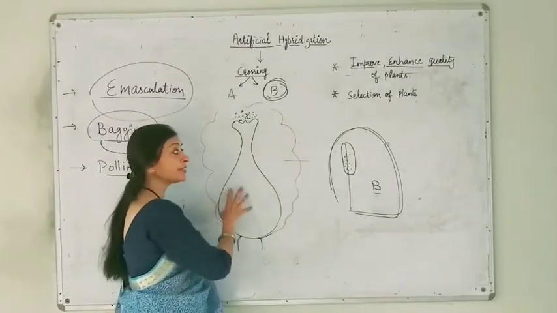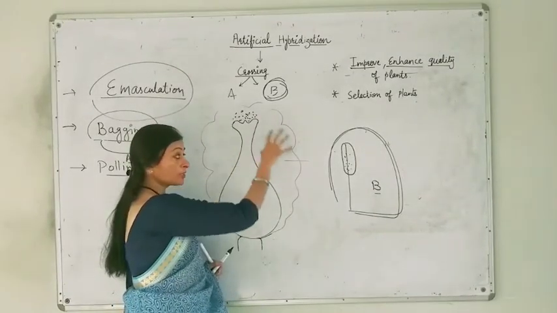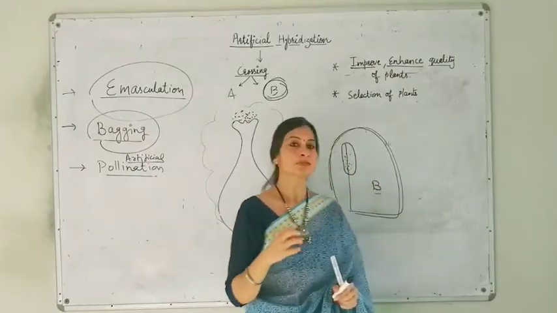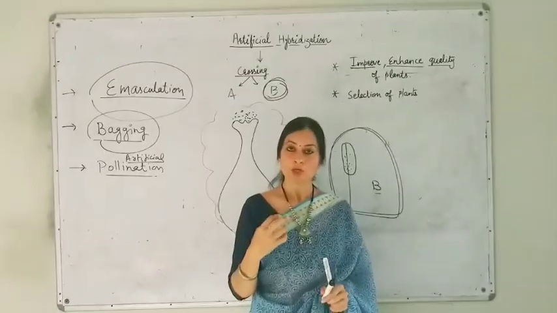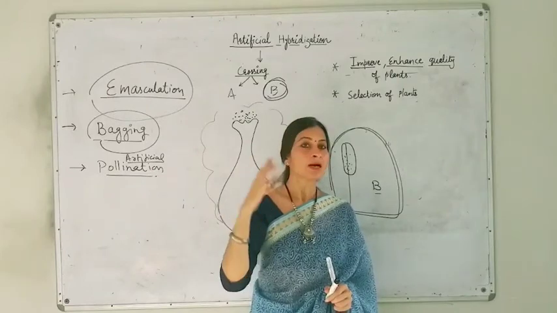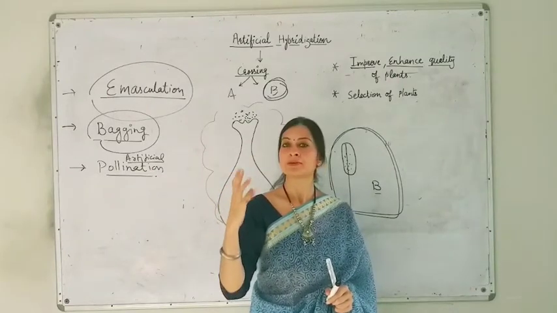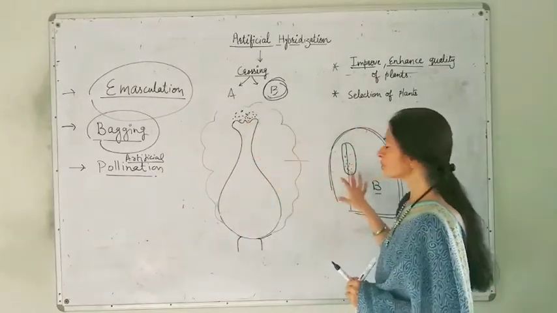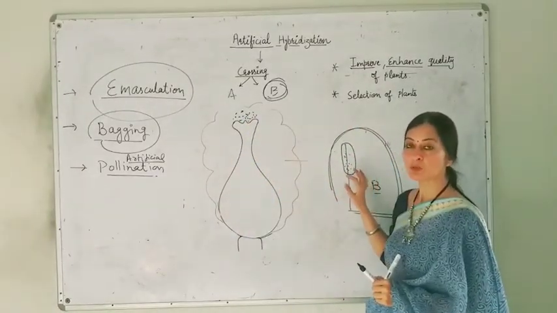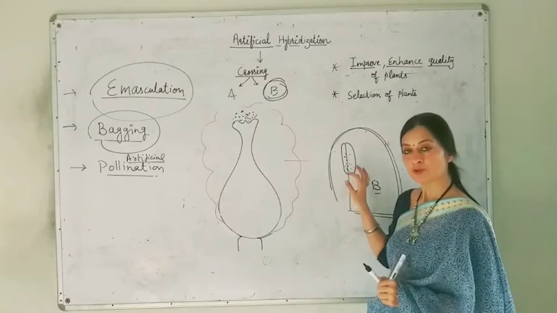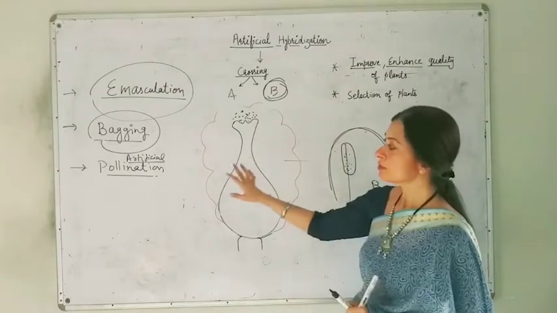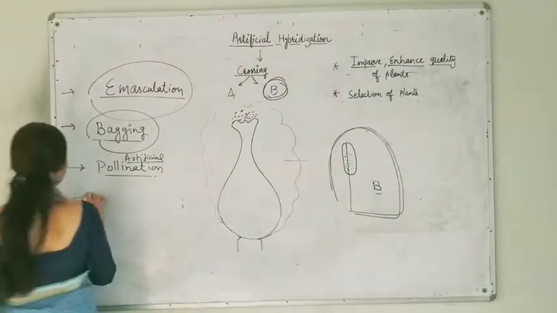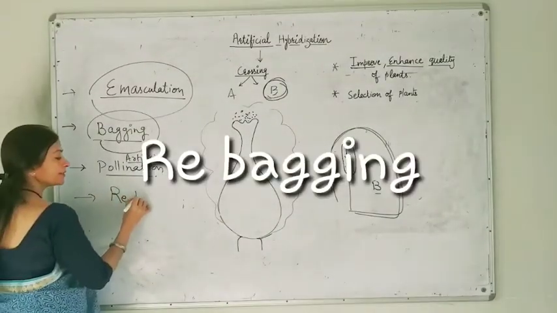Here we have covered the pistil with a bag, and here we have covered the stamen or anther with a bag, so that any undesired pollen grain does not reach this surface or mix with these pollen grains. After the pollination process, the next step is rebagging.